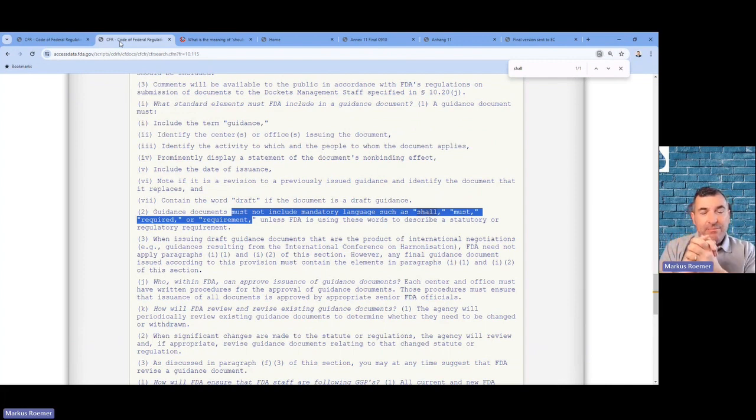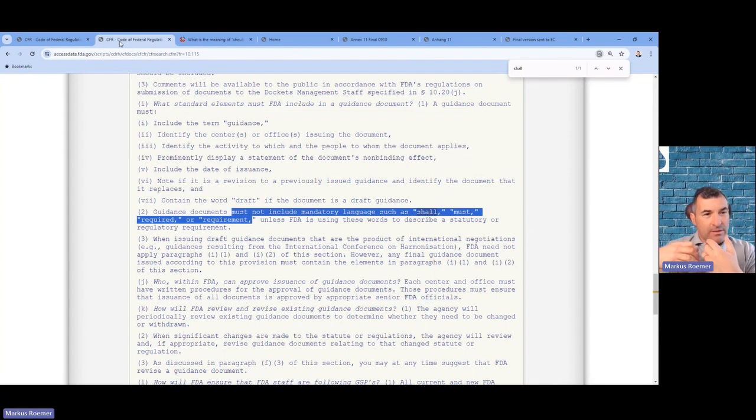There is part 10 of 21 CFR, the regulations. This is how the US FDA should write. We have again guidance documents. You can read it: guidance documents must not include mandatory language such as shall, must, required, or requirement.